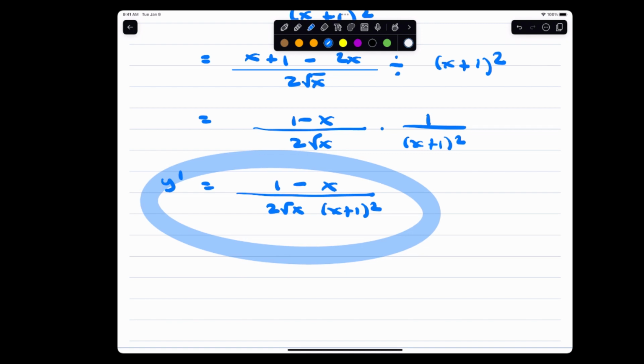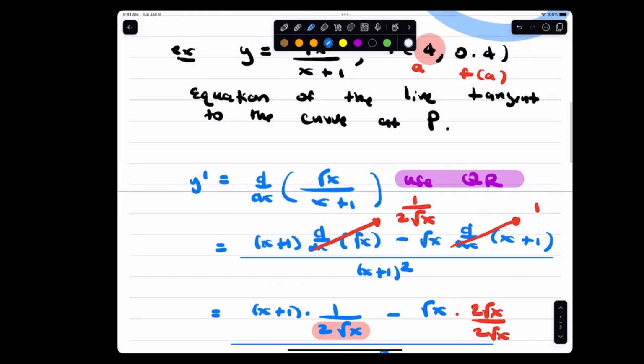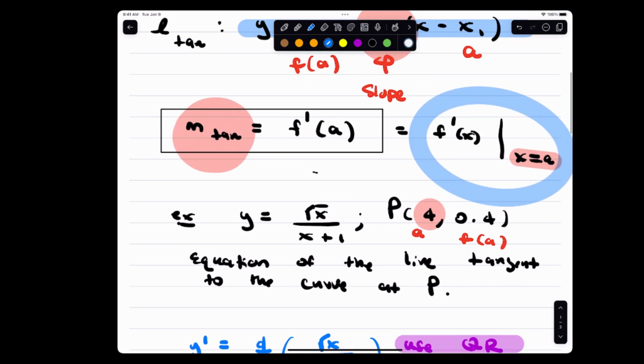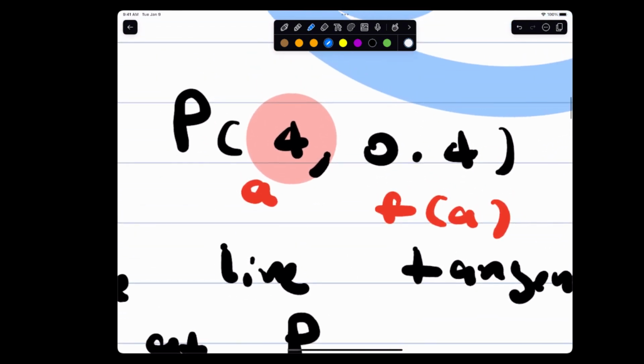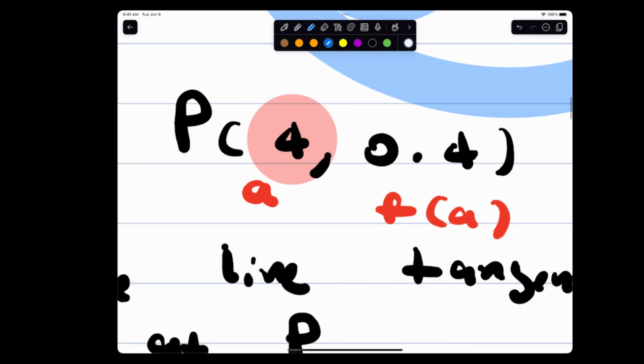Now, what do we need, though? What's the definition of that tangent? We got this derivative, so we have to evaluate the derivative at what number? At a. What's a in this question? A is 4.